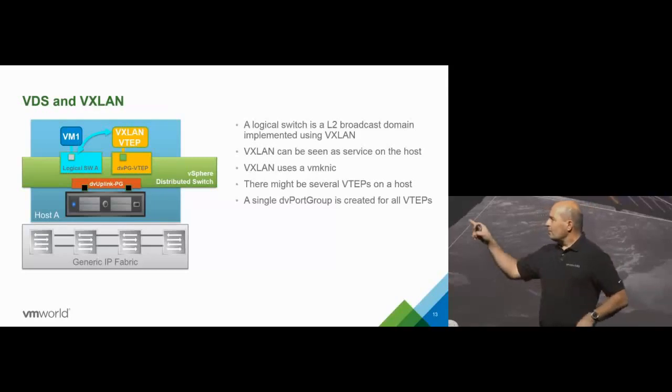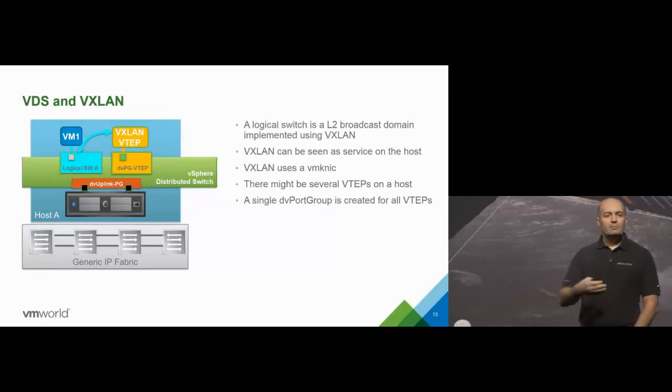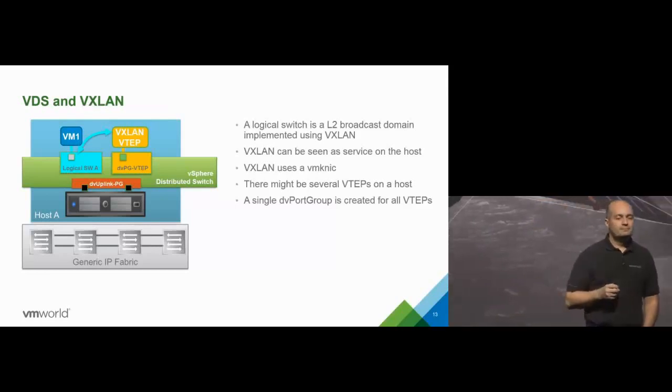The reason why I introduced this VM mechanic earlier on is that VXLAN on a host running NSX is just an additional service that we have implemented on your hypervisor.